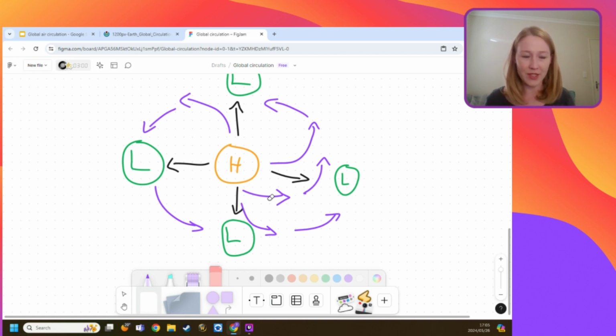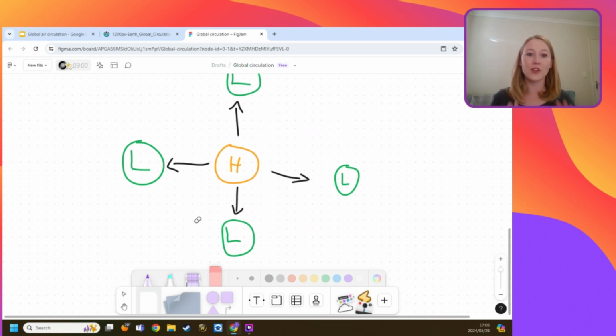In the northern hemisphere, let's do the exact opposite. So in the northern hemisphere, everything would deflect to the right. So now as I draw in the arrows, I'm going to draw them pointing towards the right.